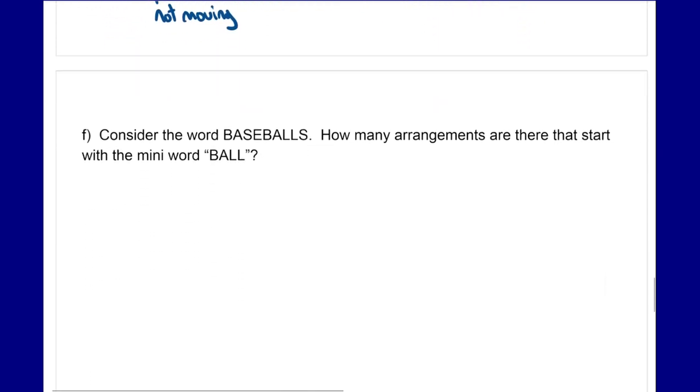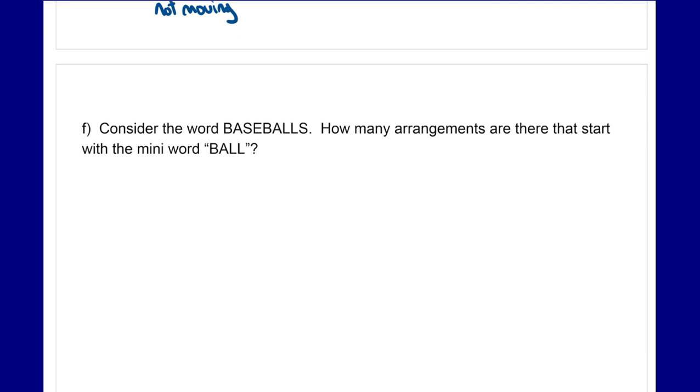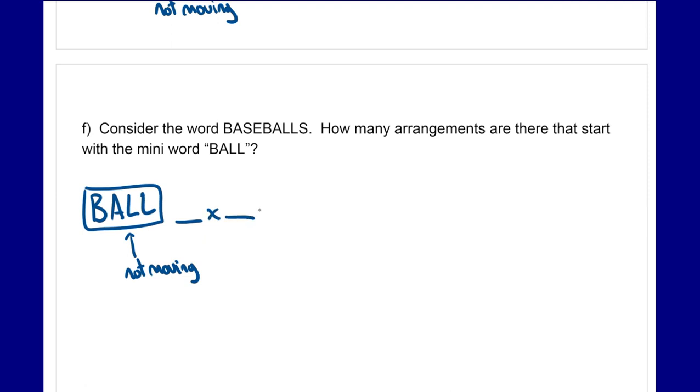And then lastly, consider the word baseballs. So slightly different. We added an extra S. So it's still starting with the mini word ball. It's not moving, and we have 5 remaining options: B, A, S, E, plus that last S. So in this case, we still have 5 factorial, 5 options that we're arranging.